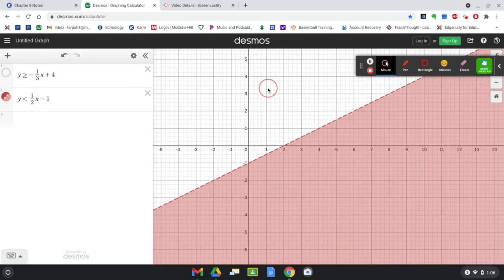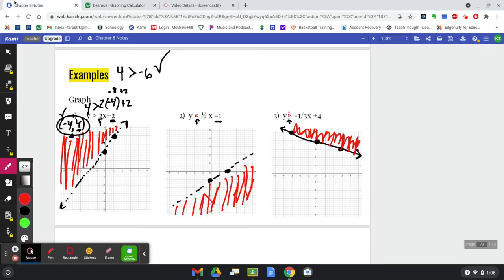So we can see here that I have this dotted line and it's shaded below that, right? So if you look here, it was at negative 1, and then it goes up 1 over 2, just like we graphed it, and then it's shaded below. So you can use that as a way to check your solution, but you should be able to graph by hand as well.